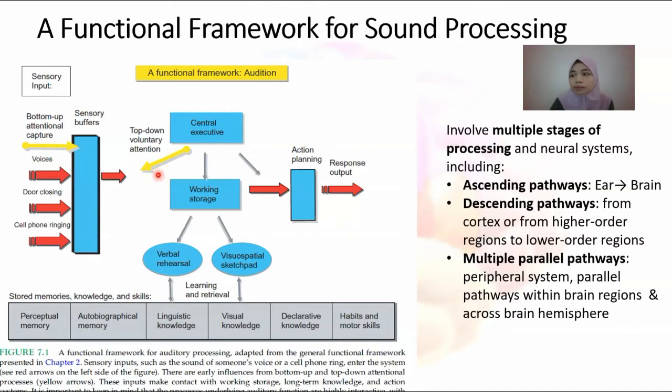The sensory input influences a bottom-up and top-down attentional system to process selective attention. At this stage, a complex interaction between the new sensory inputs and the existing memory and experiences is processed.